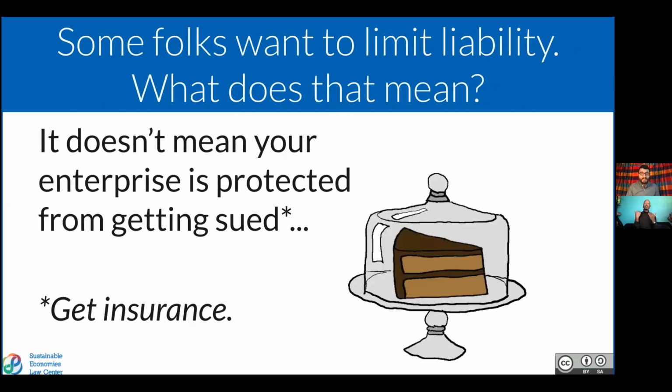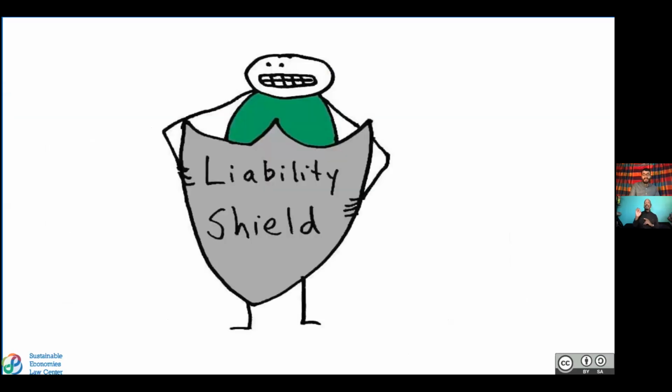What does that mean? It doesn't mean that your enterprise is protected from getting sued. It means that you have, and you should get insurance, and I'm going to come back to that in a second. But this is really why people start to think of, or one of the reasons why people may think about forming a legal entity, is to add an extra layer of liability, because entities create a liability shield.